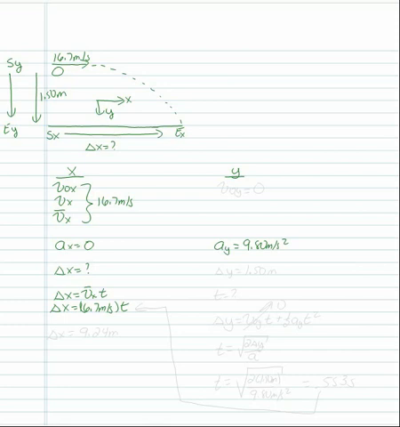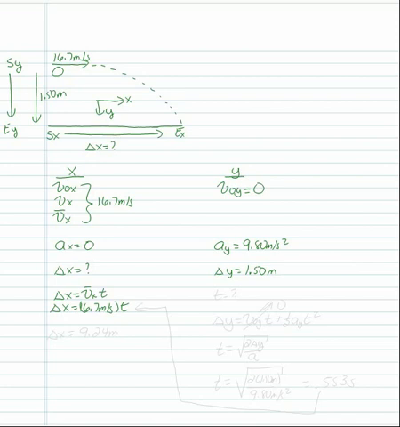We know delta y. The displacement in the y direction is positive 1.50 meters according to our axis. The only other thing we know in the y direction is v0. v0 in the y is 0. It was launched horizontally, giving a 0 vertical velocity.